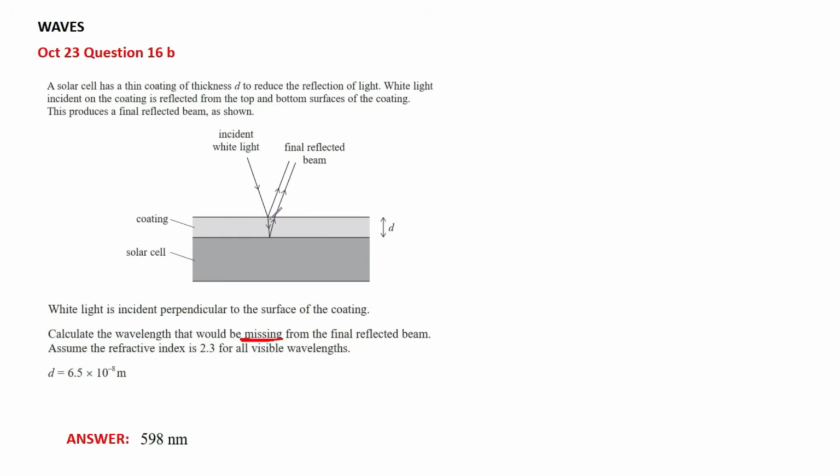So the extra path that the second beam travels is twice d. You have to understand this, everybody. Twice d, because this is the extra path that this beam takes compared to the first one. The first one just travels this bit, but the second one travels this extra bit. d and d makes it twice d. So my path difference is equal to twice d.